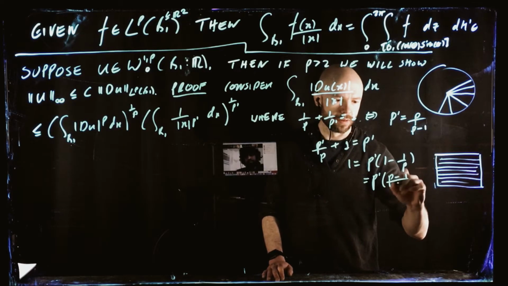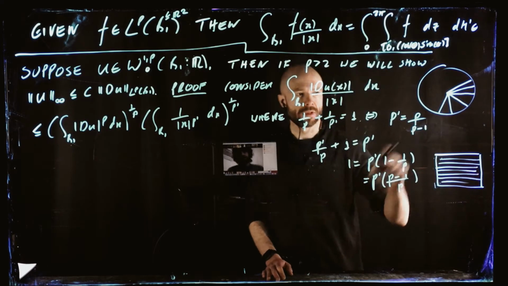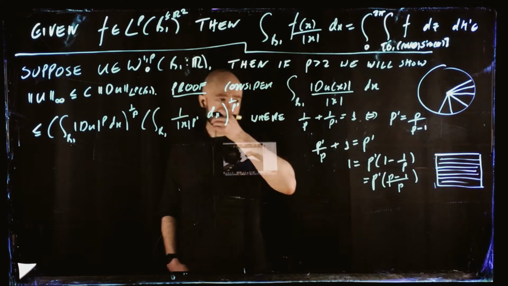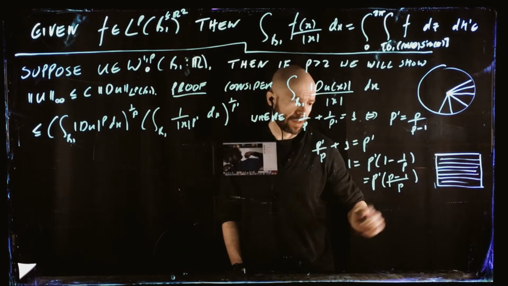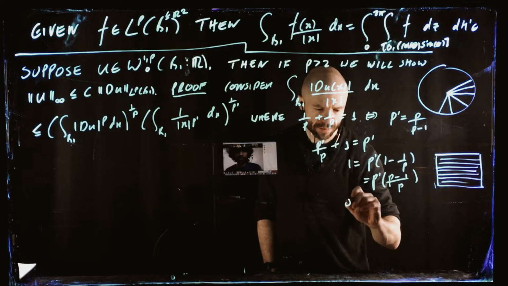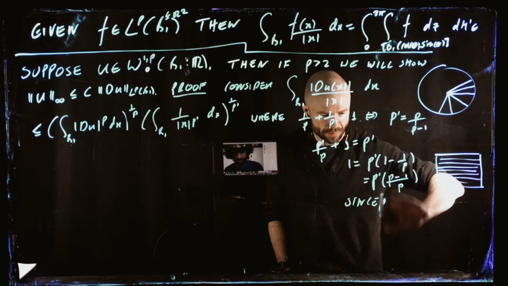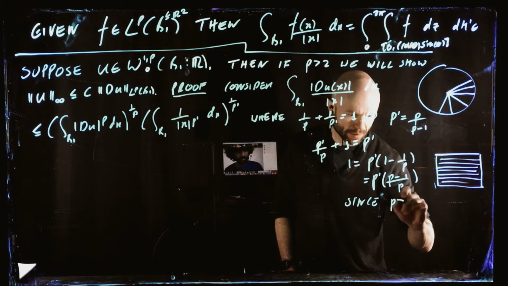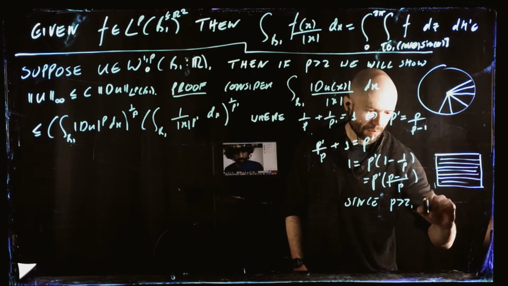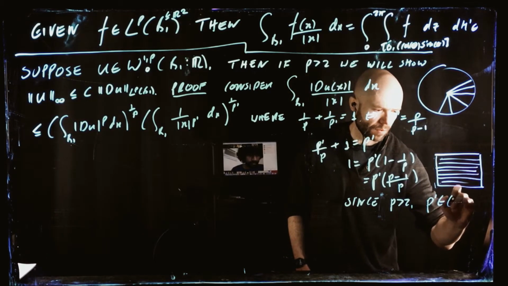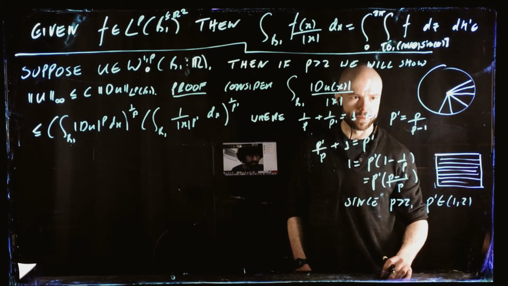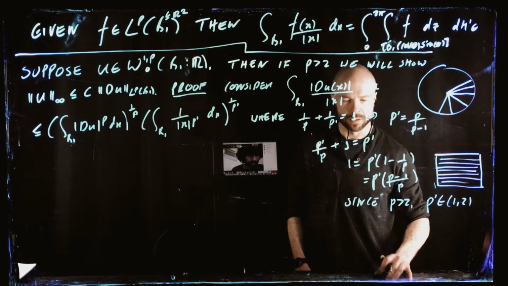That gives the formula. All right, so the key point to notice is that since p is bigger than 2, p prime is between 1 and 2, like this. It's not hard to see.